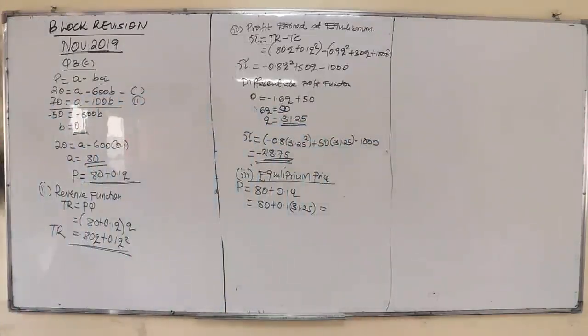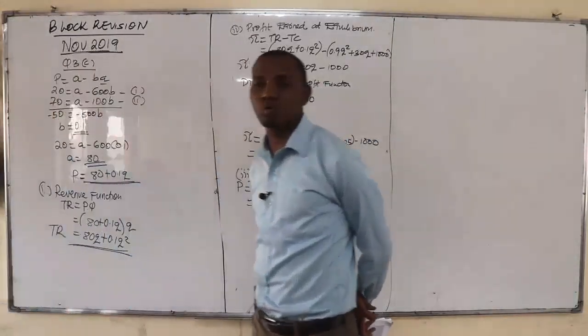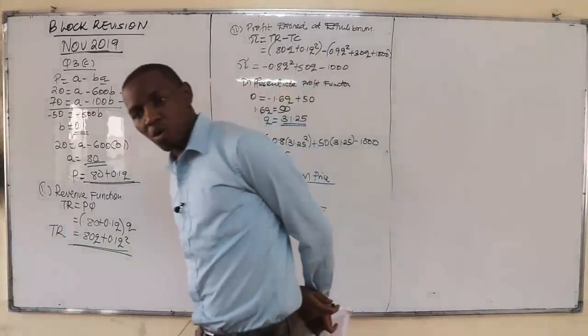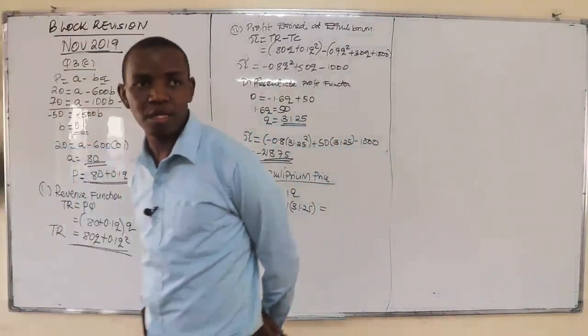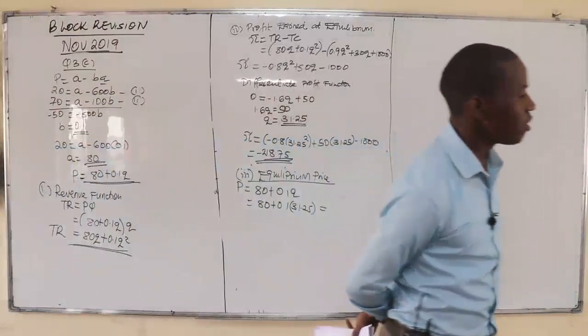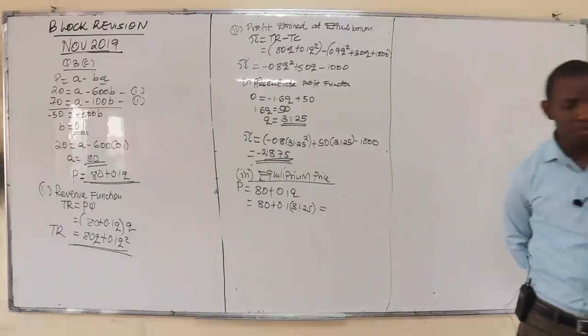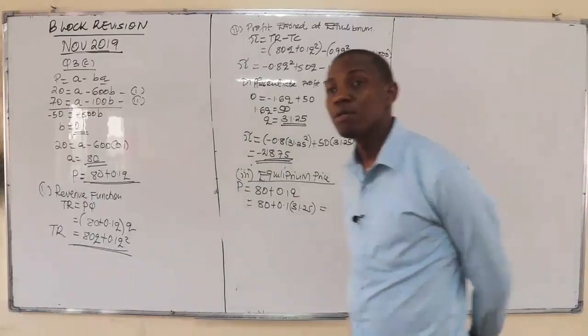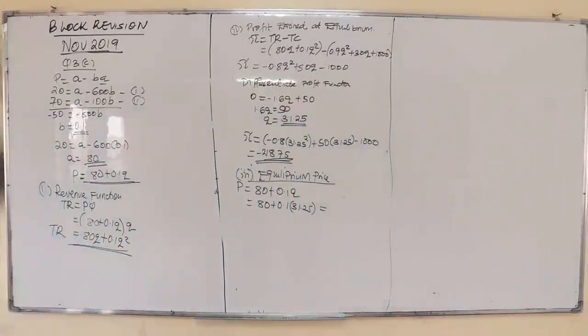Now, aggregate demand will also be equal to the equilibrium level of income, where the total value of goods and services is equal to the equilibrium income.